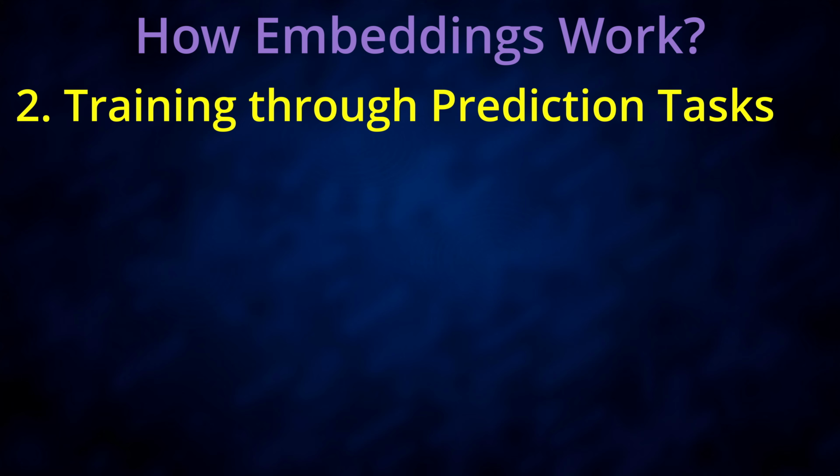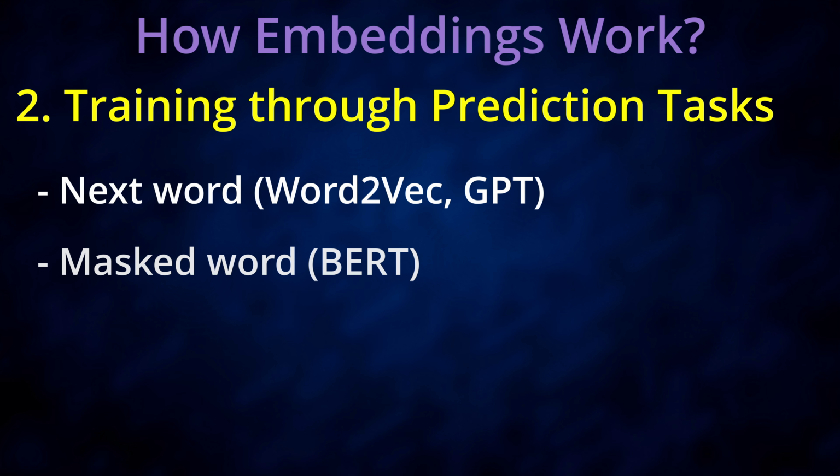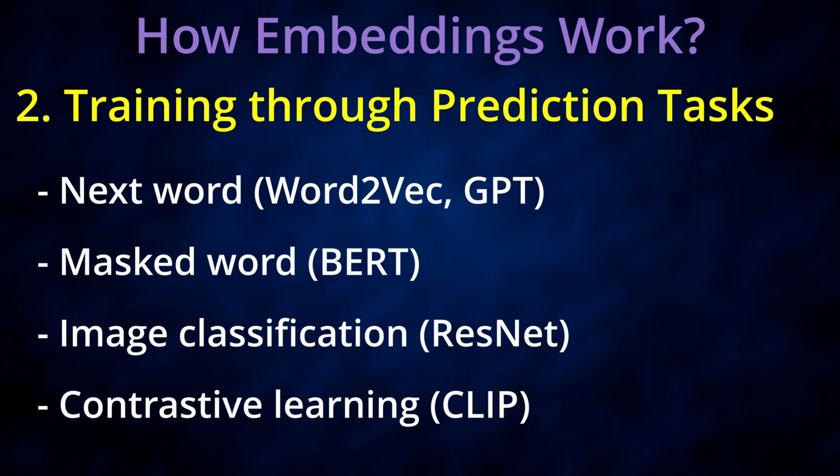Training through prediction tasks. Models learn embeddings indirectly by predicting something. Next word: Word2Vec, GPT. Masked word: BERT. Image classification: ResNet. Contrastive learning: CLIP. As the model learns, the embedding layer starts to cluster similar concepts together.